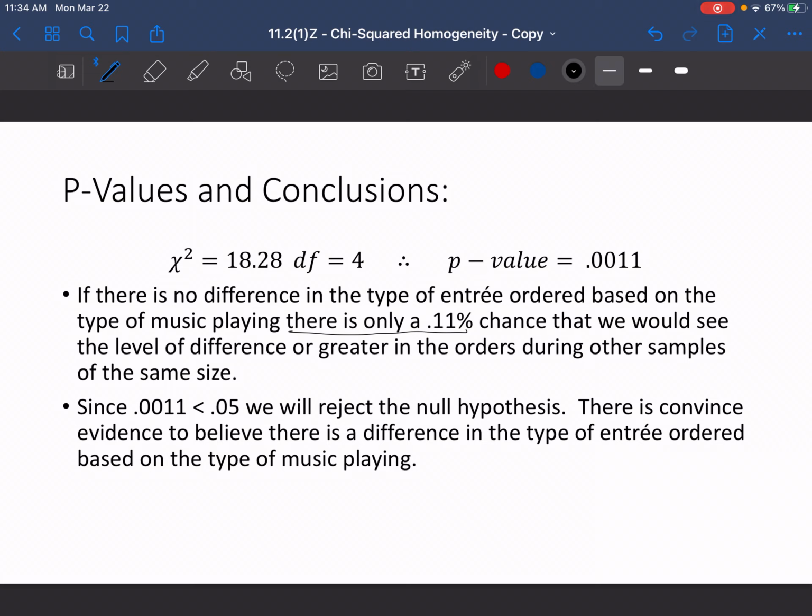Because our p-value is less than a significance level of 0.05, we would reject the null hypothesis and say that there is convincing evidence to believe that there is a difference in the type of entree ordered based on the type of music playing.